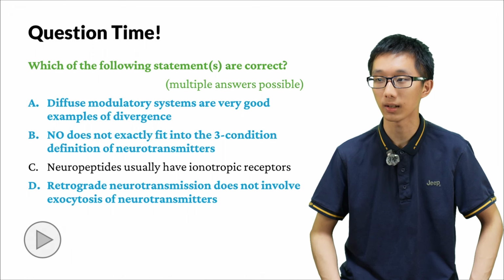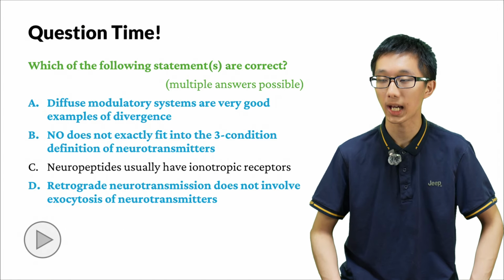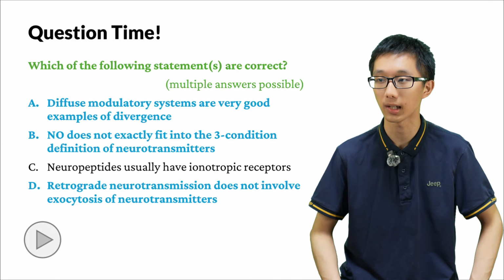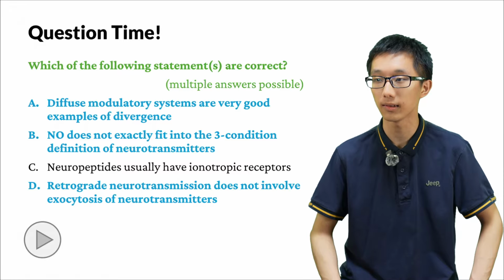That is why we define it to be a special neurotransmitter. C. Neuropeptides usually have metabotropic receptors instead of ionotropic ones. D. Retrograde neurotransmission does not involve exocytosis of neurotransmitters, because these neurotransmitters involved, like endocannabinoid or NO, are lipid soluble and they can diffuse across the membrane.